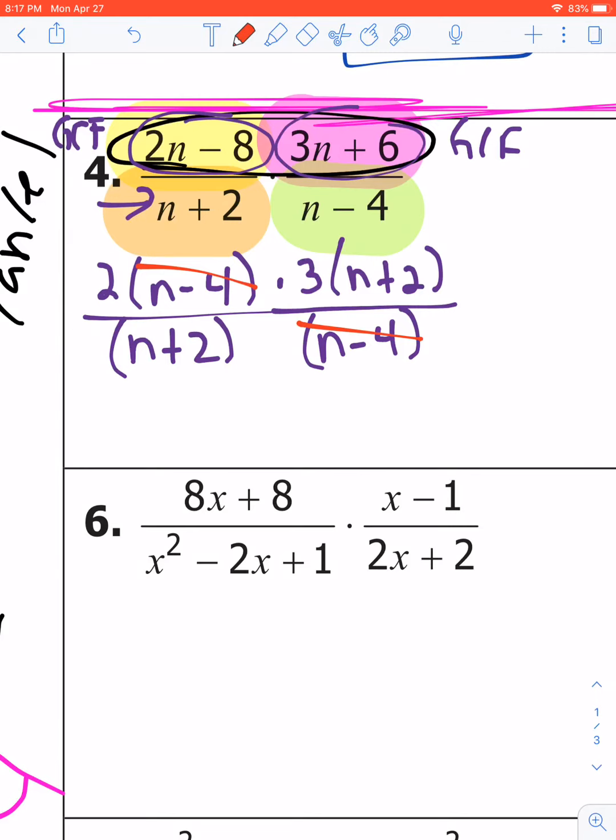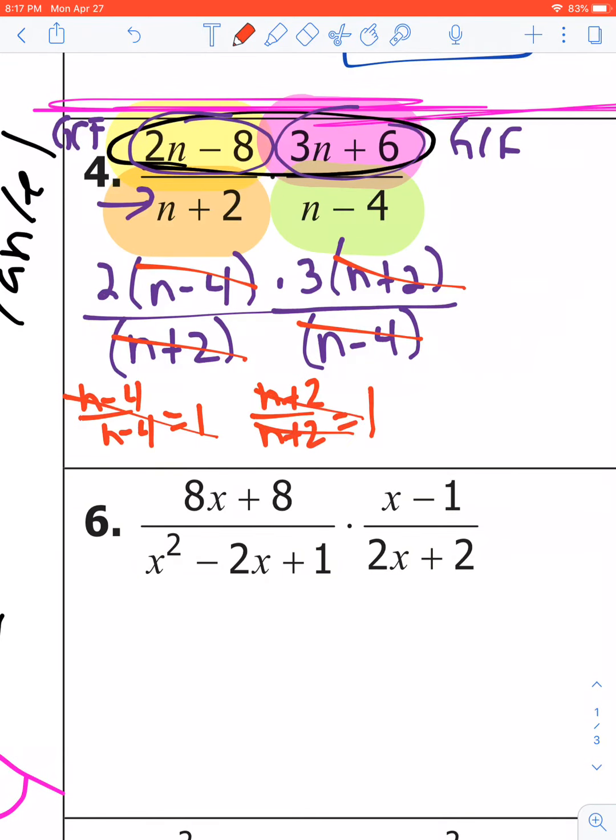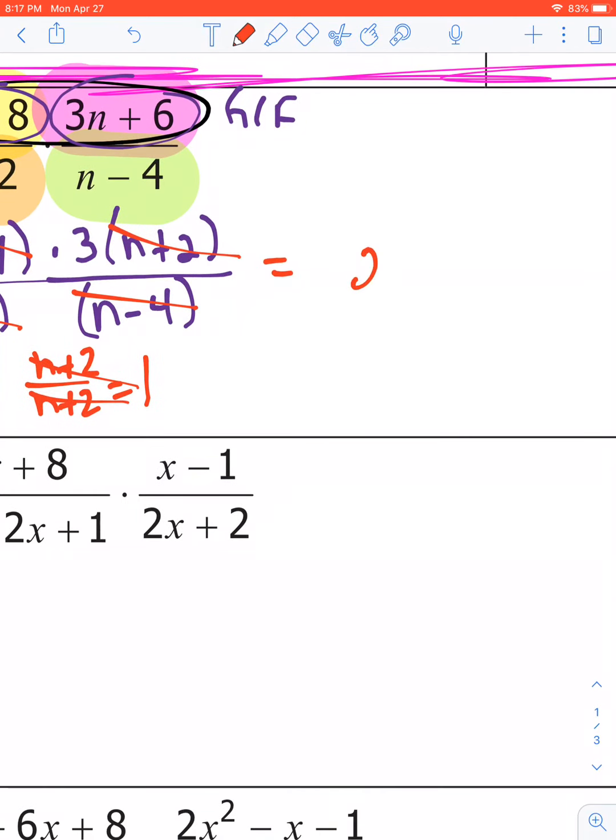So the n minus 4s can cancel, and an n plus 2 on top and an n plus 2 on bottom cancel, because n minus 4 over n minus 4 is essentially 1. That's why we can say they cancel. N plus 2 over n plus 2 is 1. That's why we can say they cancel. And what I have left is 2 times 3, final answer of 6.